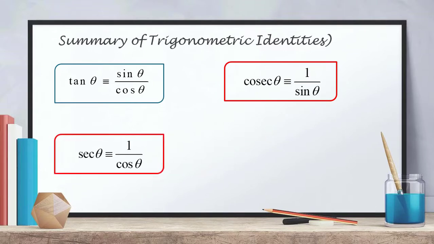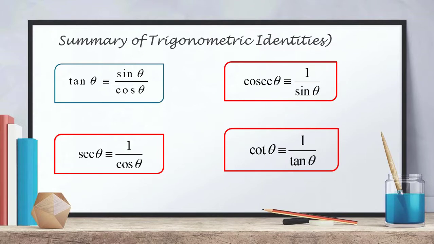The second one is sec theta, which is identical to 1 over cos theta. And the third one is cot theta, which is identical to 1 over tan theta.